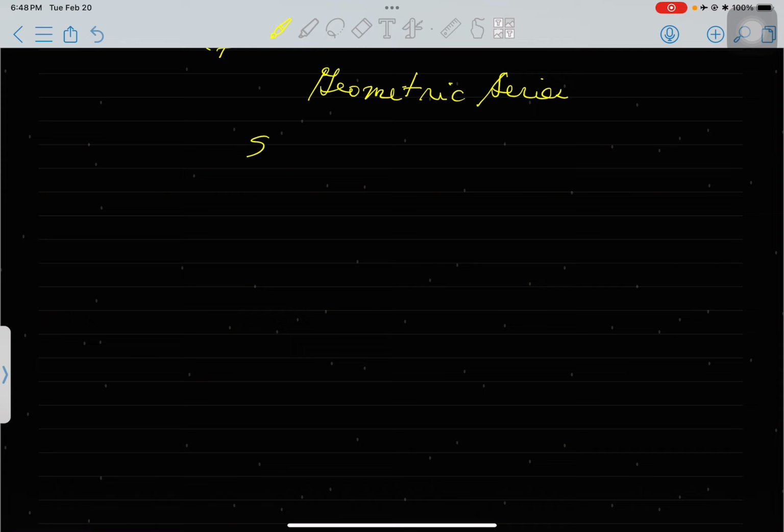We have S sub n is equal to a sub 1 multiplied by r raised to n minus 1 all over r minus 1. This is the formula for determining the value of the series of a particular geometric sequence. This is a finite geometric series formula.